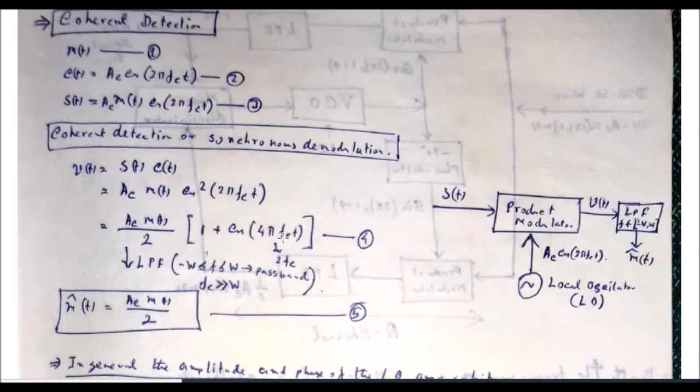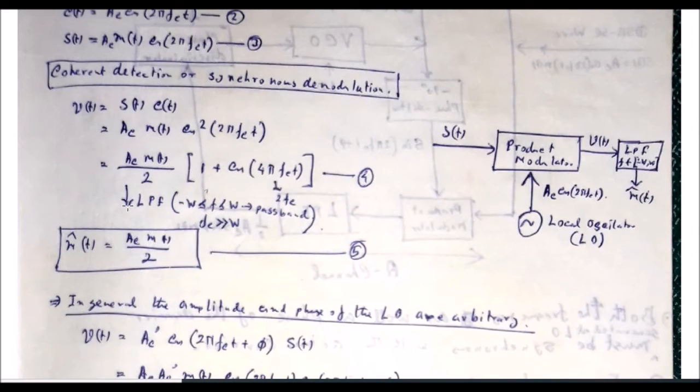So by using a simple low pass filter whose upper cutoff frequency is W, which will not allow any frequency beyond W at its output, you can allow this first term through the low pass filter, and the second term having the frequency of 2 fc will be rejected by the filter.